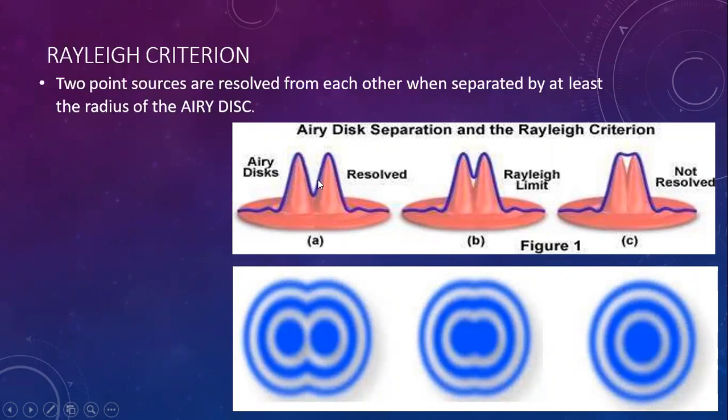Here, with the Airy disk, you can see two points. Here again is the Rayleigh limit, because if this much separation is there, they can be resolved. Here also you can resolve, but it's again difficult. But here you see two distinct points. Here you can see two distinct, but again they mingle together. Here you cannot. So this is not resolved.